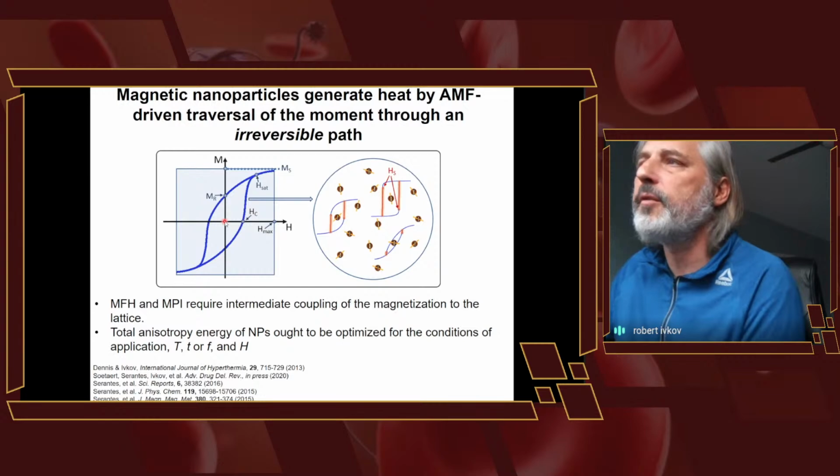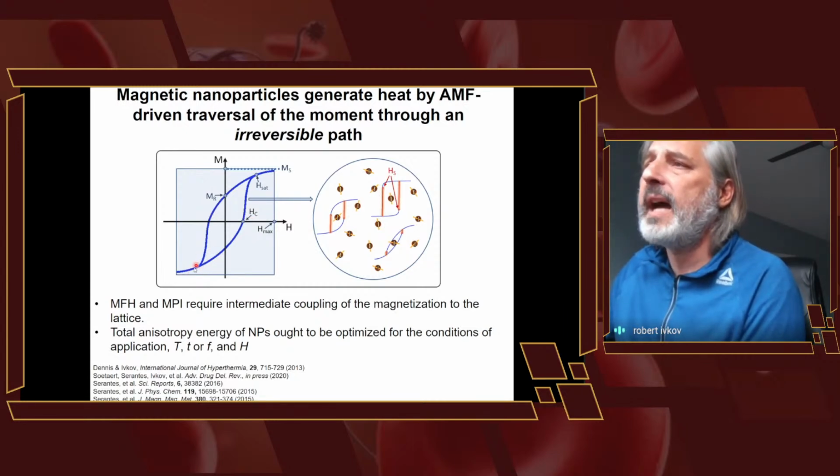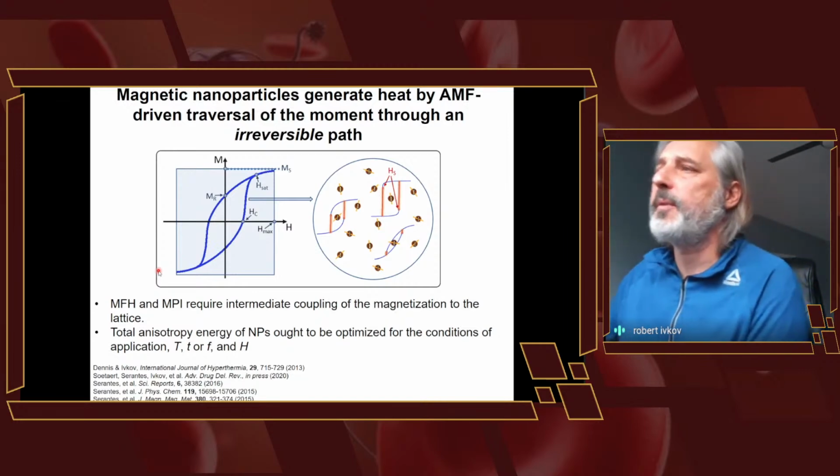And so now if I continue to force that magnetic material, the magnetic moment or magnetization, down, I will eventually cross the zero again. And if I continue in this direction, I will essentially generate a magnetization path that goes out to the saturation on the opposite side, the opposite direction.